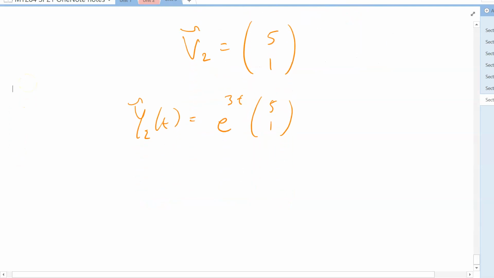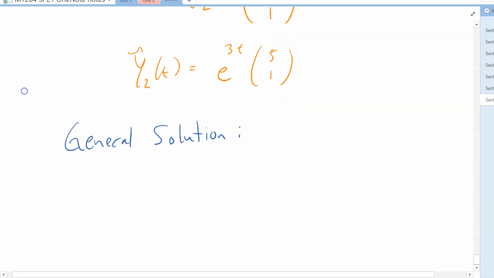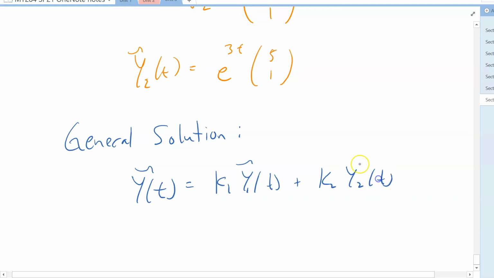Okay, then once again we're going to build our general solution up. My general solution will look different than your general solution if you choose different eigenvectors than I've chosen. There's not a unique answer to this general solution, so we should say it's a general solution. What's it going to look like? It's going to be a scalar multiple of the first solution we found, plus a scalar multiple of the second solution we found.